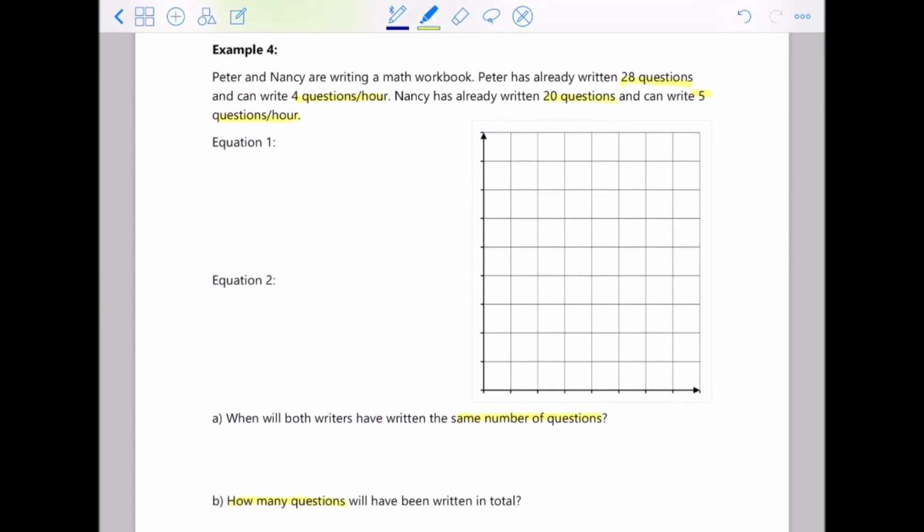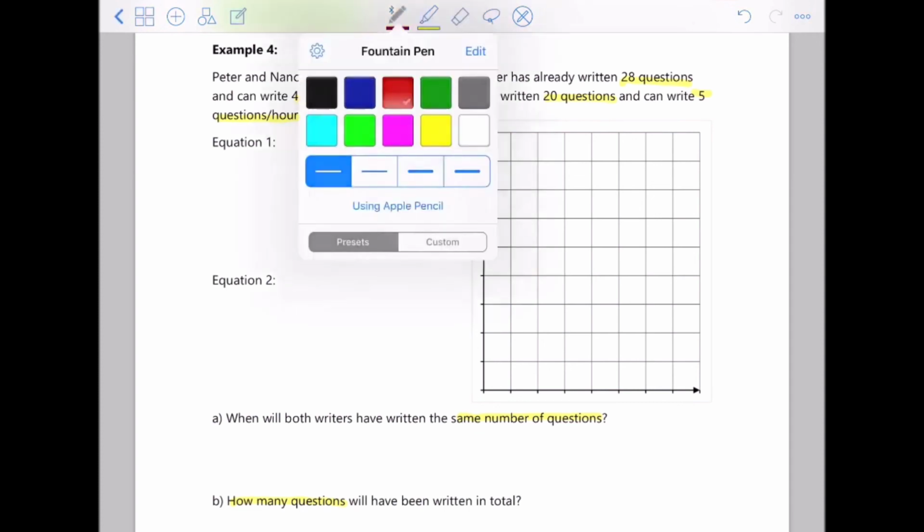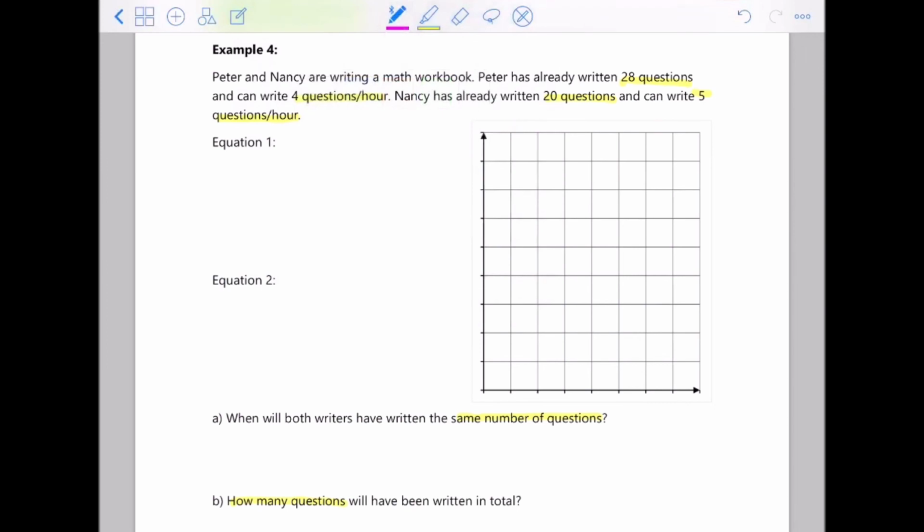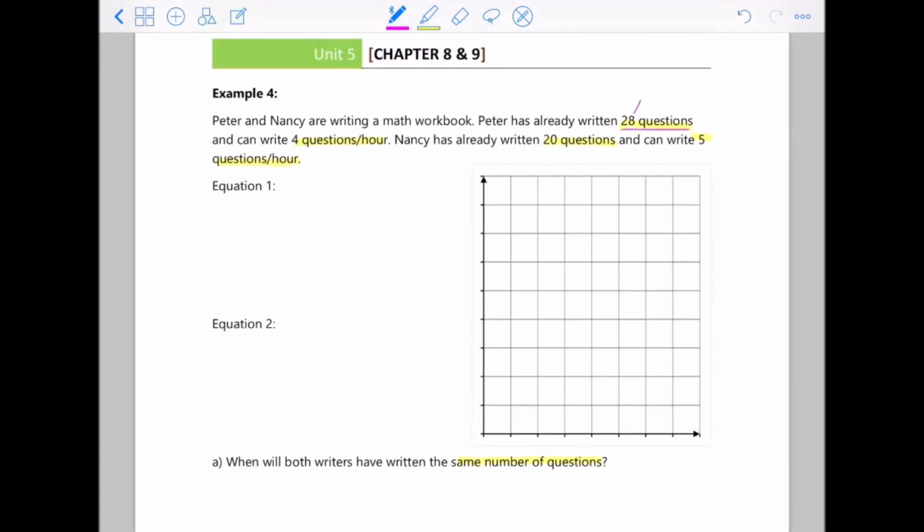All right, so we first need to understand what we are given. I'll use pink for this one. What we were given is that these 28 questions were the initial number of questions Peter had. So we'll say initial number of Qs.